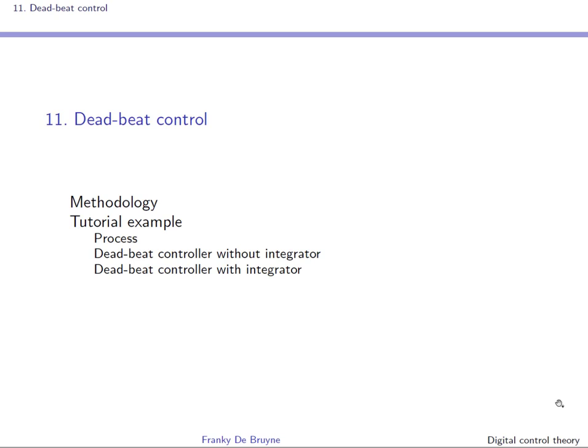Deadbeat control is something that you can investigate in your laboratory assignment associated to this theoretical course. You could, for instance, apply it on the actual LTR 700 system, this airstream and temperature control system.